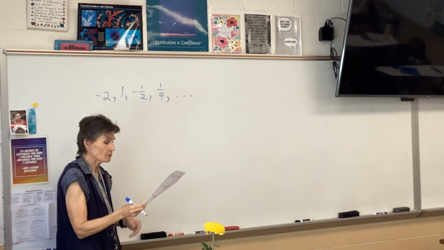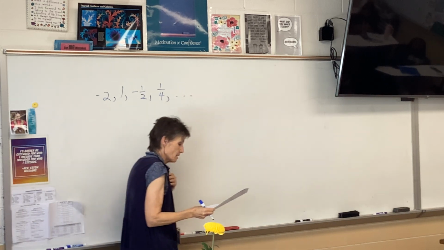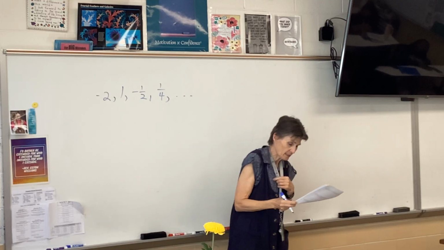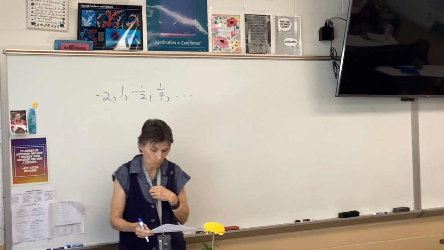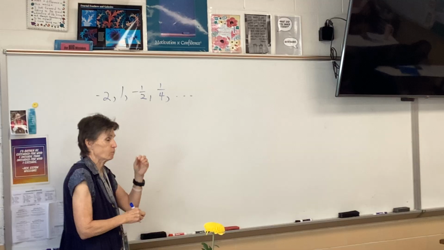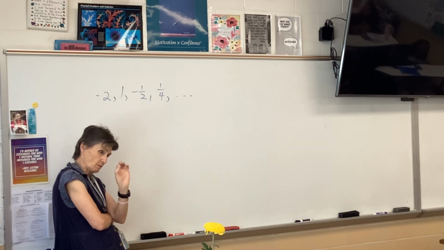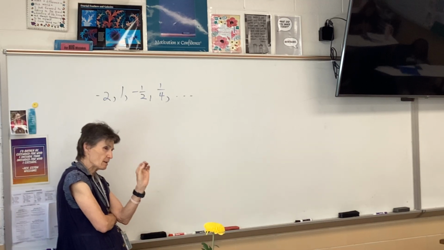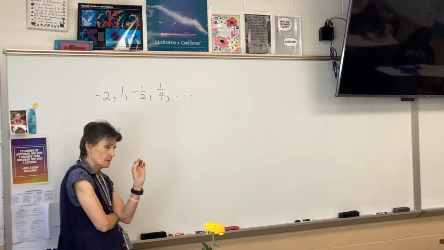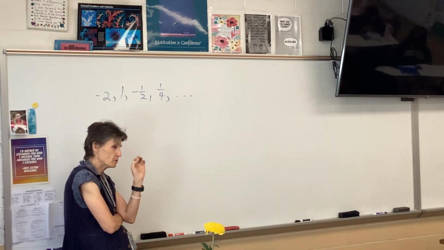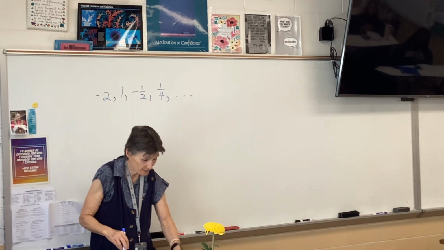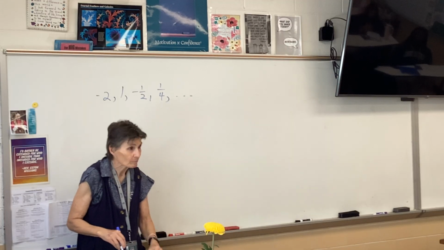All right, so here are the directions. Tell what type it is, give an explicit formula, and give a recursive formula. Now, if you are still focused, this is all written down in the problem above. If you were zoned out, you better pay close attention because this is the last example we have of this problem.